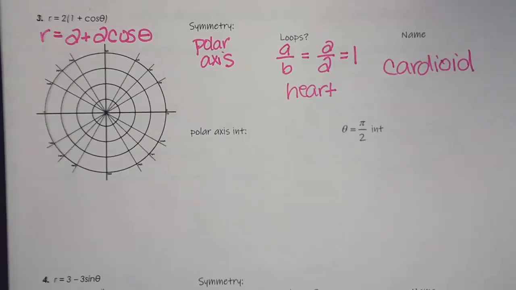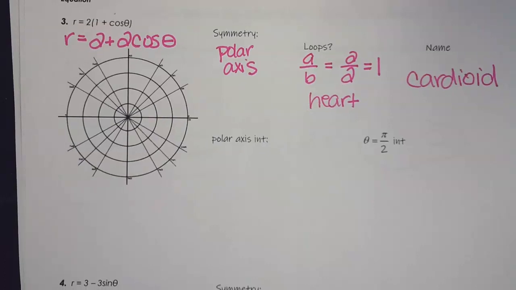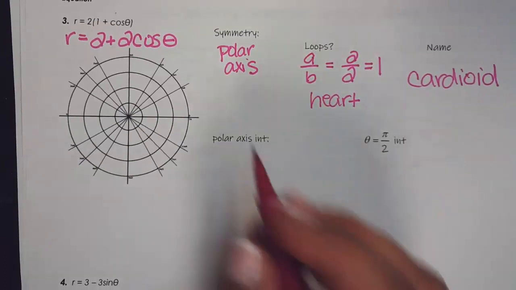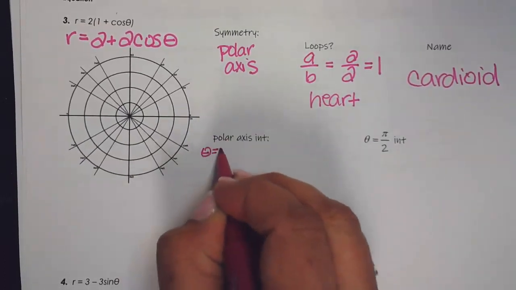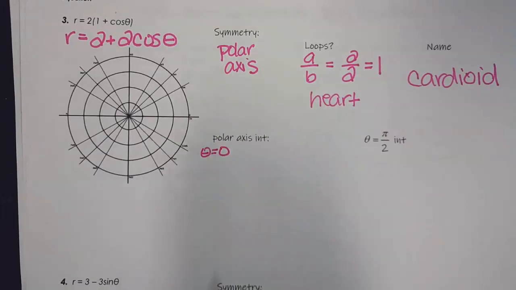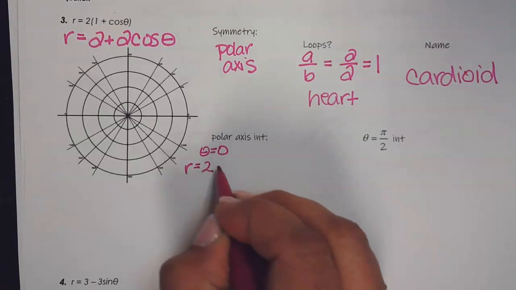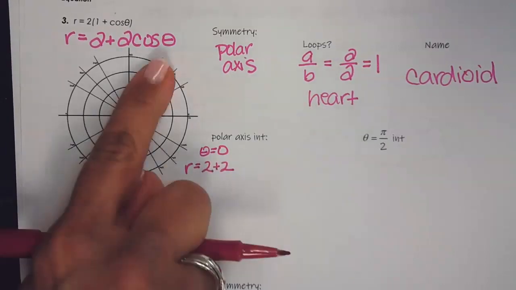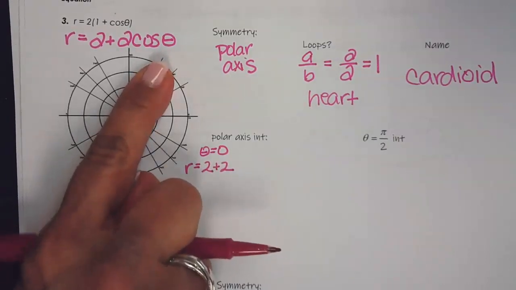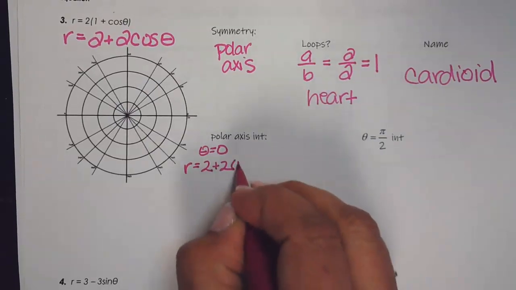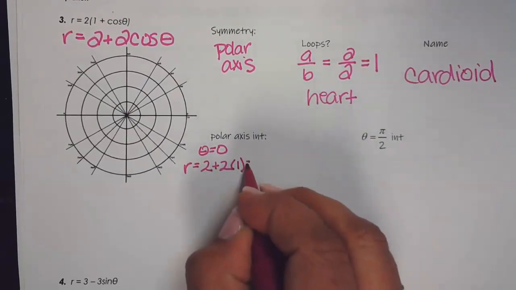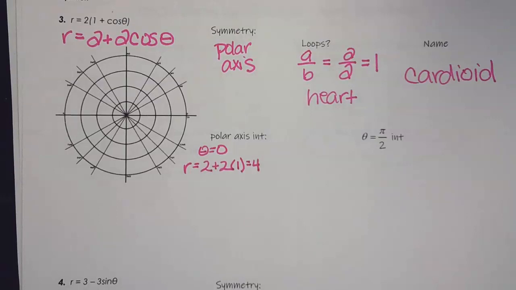All right, so let's find our polar axis intercepts. So this is going to be when theta equals 0. So that means r is 2 plus 2 times the cosine of 0. The cosine of 0 is 1. So that gives me 2 plus 2, which is going to be 4. So we're going to have a point at 4, 0.